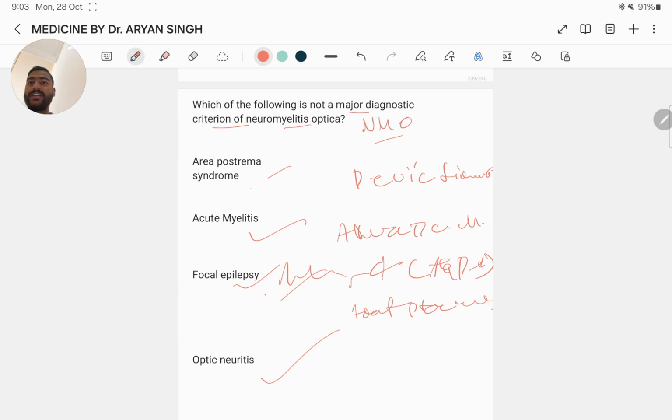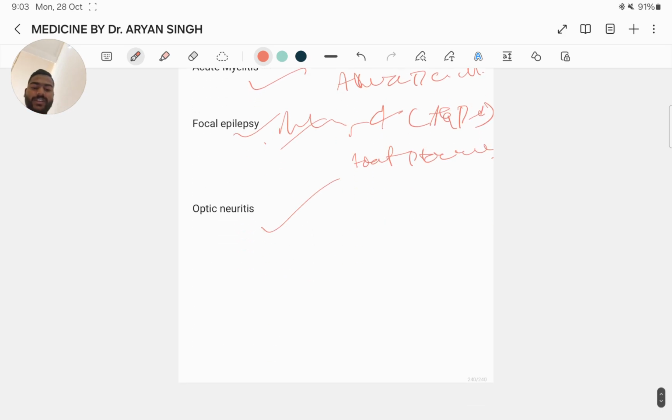The core clinical characteristics include optic neuritis, acute myelitis, and area postrema syndrome. Area postrema syndrome means unexplained hiccups or nausea or vomiting. Others are acute brainstem syndrome, symptomatic narcolepsy, or acute diencephalic clinical syndrome with NMO spectrum disorders.